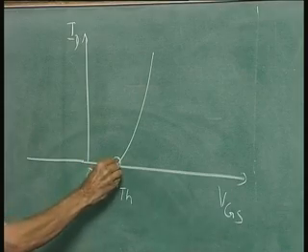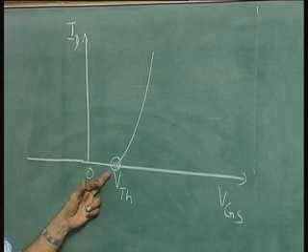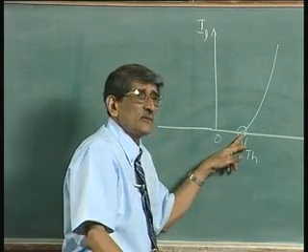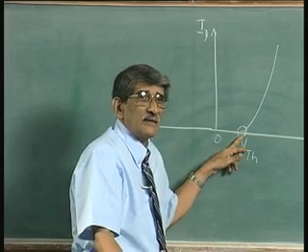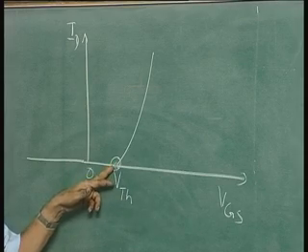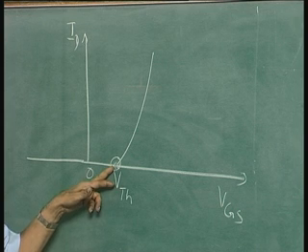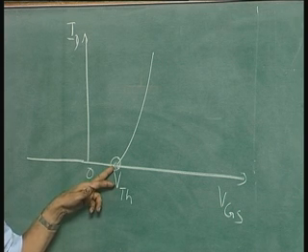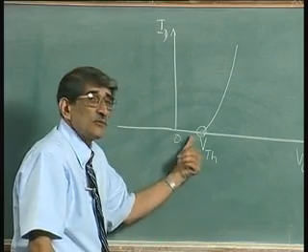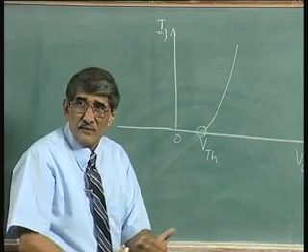From a casual look at this curve, you go to threshold voltage, current seems to be 0, but the current cannot turn off to 0. There is a certain finite current flowing, it may have come down to microamperes or several microamperes. You must reduce the voltage further down, so that current is reduced by at least 1 or 2 orders of magnitude.